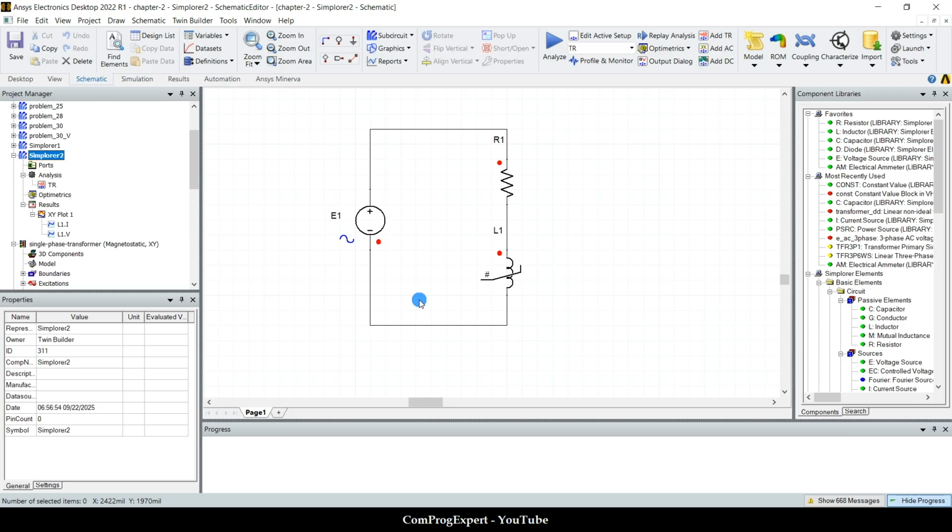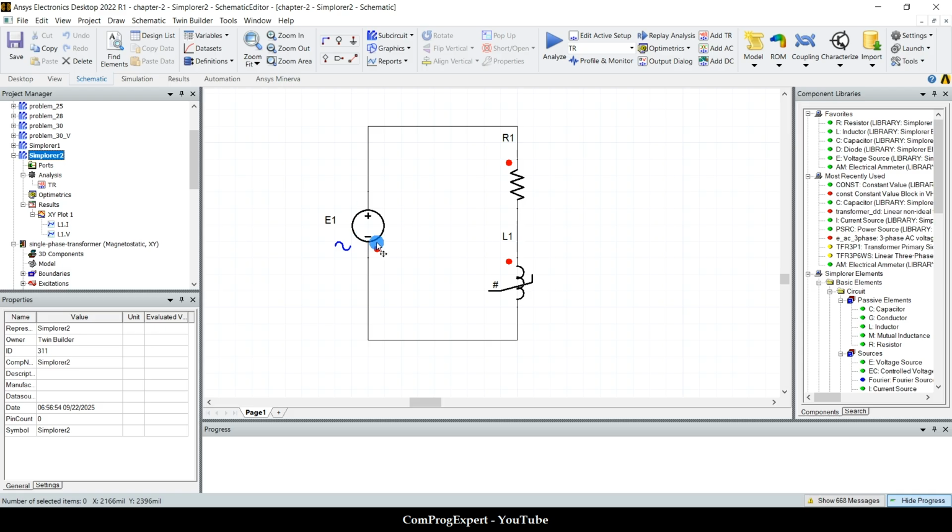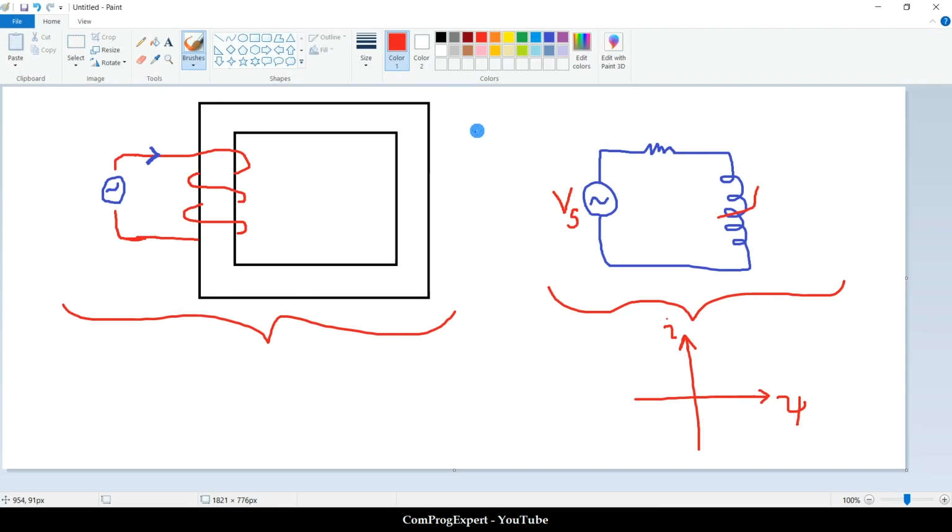But what about the three phase? In this case, we have a right voltage source here. This is sinusoidal. And let me do another simulation. Also, this is important.